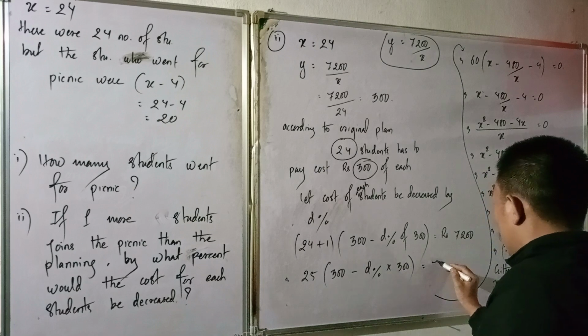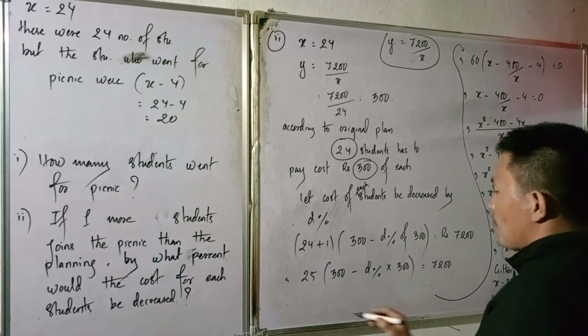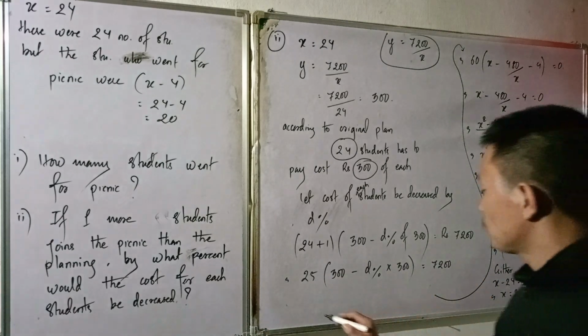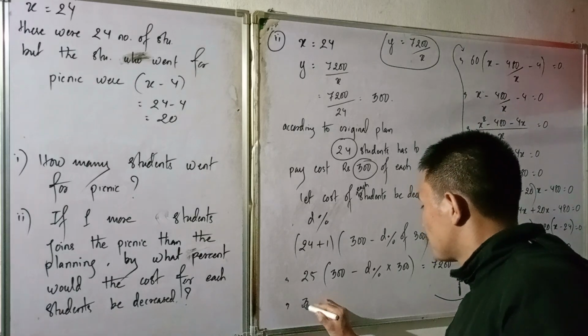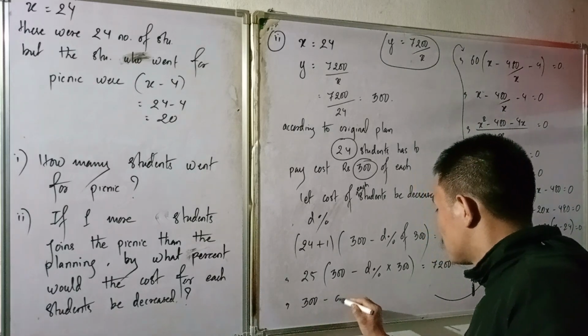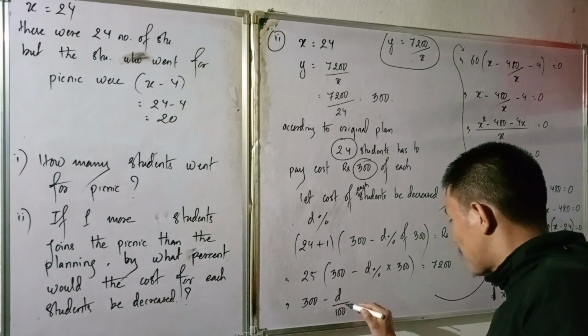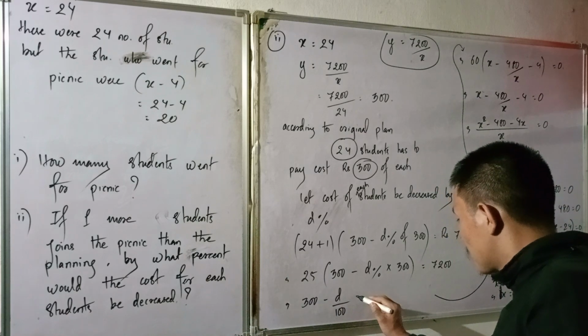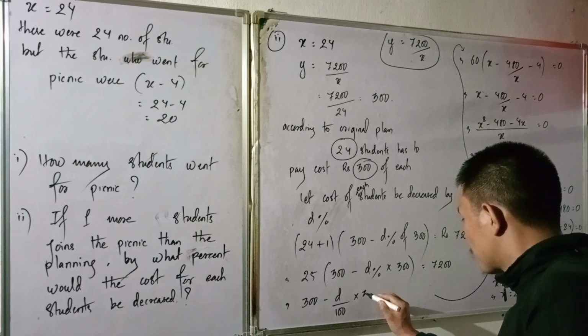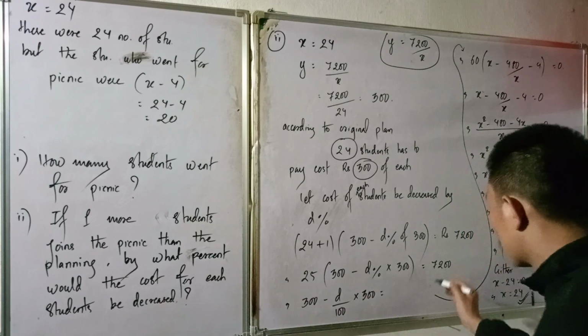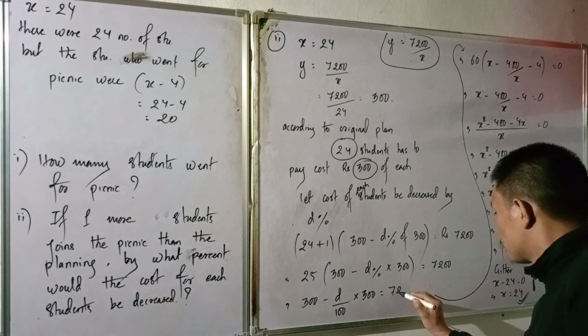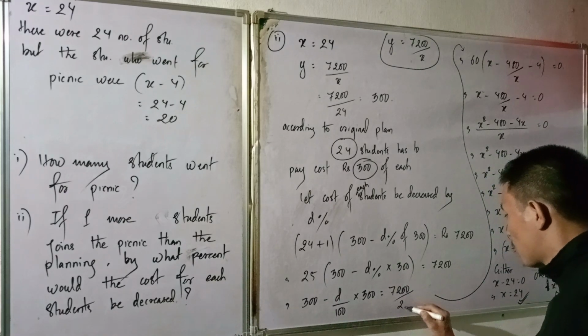You can remove this percent sign by replacing it with a denominator of 100. This is equal to 7200 divided by 25.